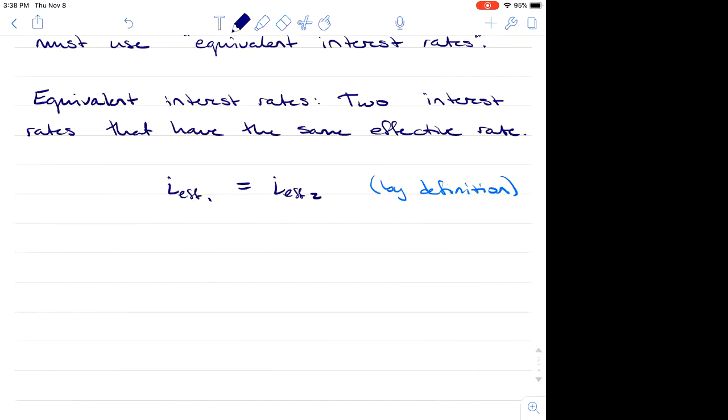Now if we substitute the formula for the effective rate into each side, we can solve for one of those i's. We're going to have subscript 1s and subscript 2s. Writing this out, we get 1 plus i1 to the power of F1, minus 1, is equal to 1 plus i2 to the power of F2, minus 1. That's just taking the formula for the effective rate and distinguishing between group 1 and group 2.